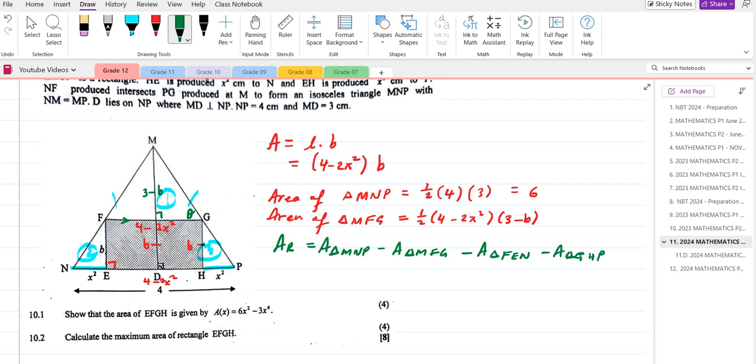Okay, now area of rectangle is 4b minus 2x squared b. 4b minus 2x squared b.